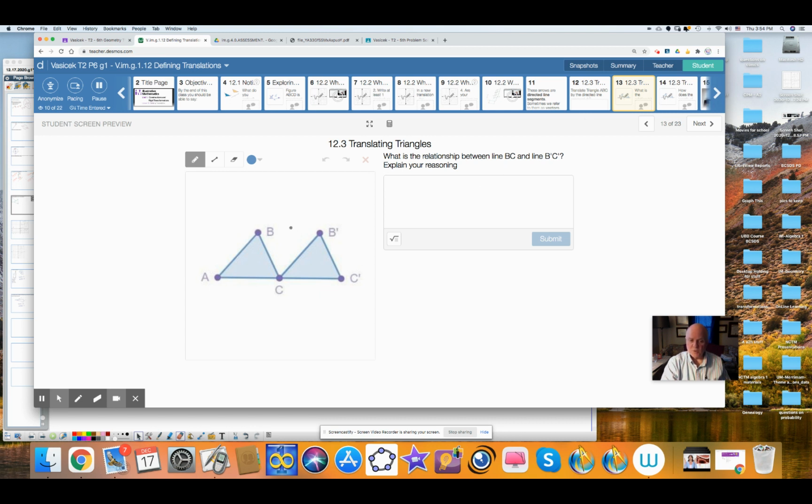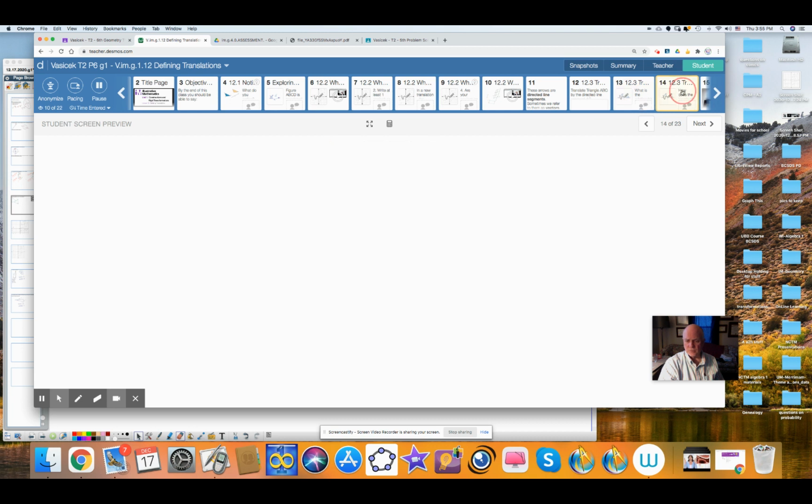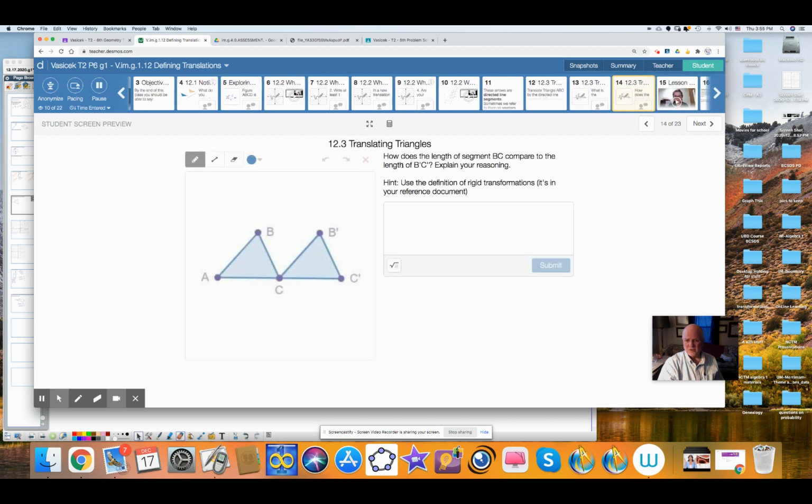What is the relationship between B, C, and B prime, C prime? Well, they're congruent. They're congruent because they've been translated by vector AC. So segment B goes to B prime, segment C goes to C prime, in the same direction, in the same length. Therefore, distance is preserved. And how does the length of BC compare? Well, they're the same.